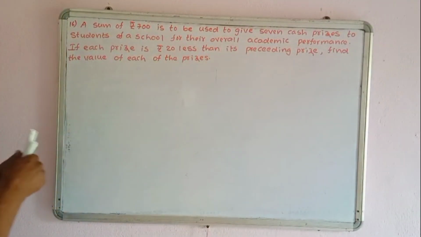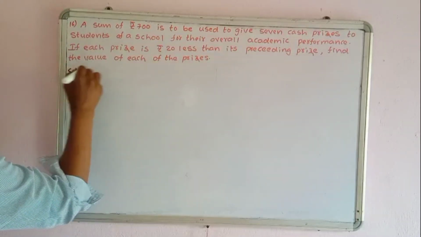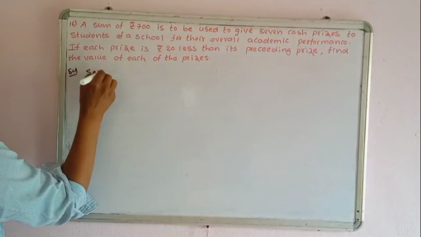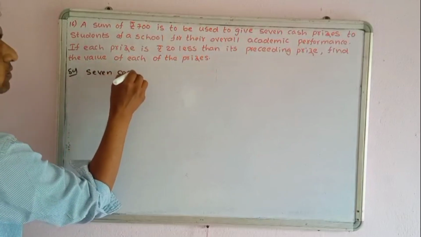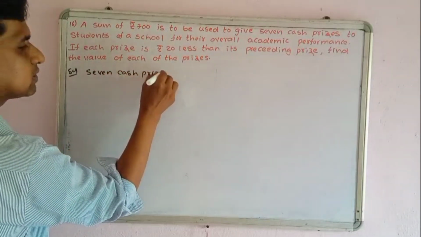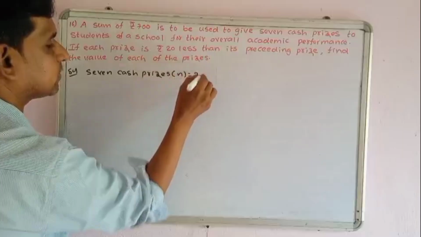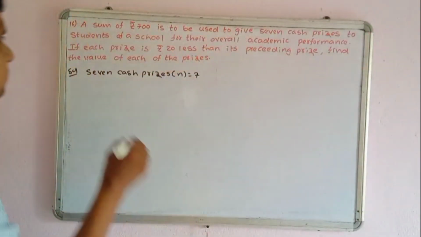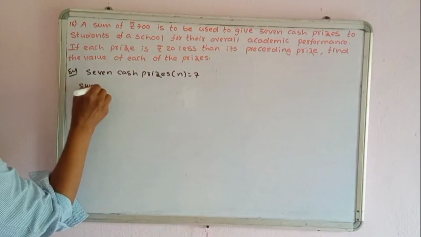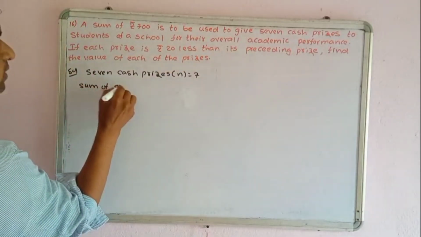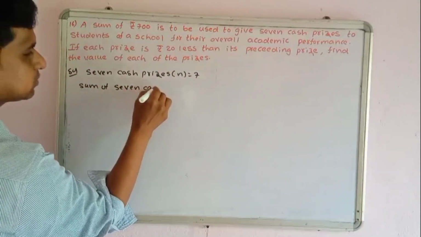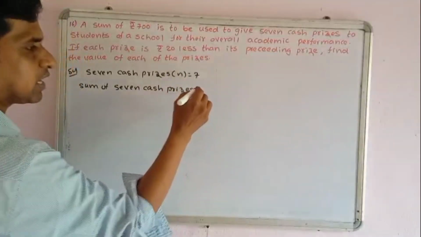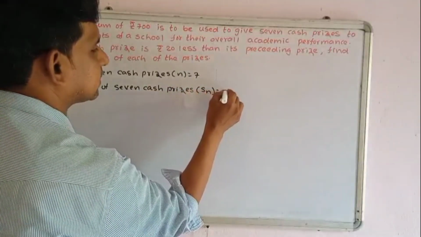So here what is given? 7 cash prizes, so the number of terms is given. That means n equals 7. So the sum of 7 cash prizes, that is Sn, is 700.